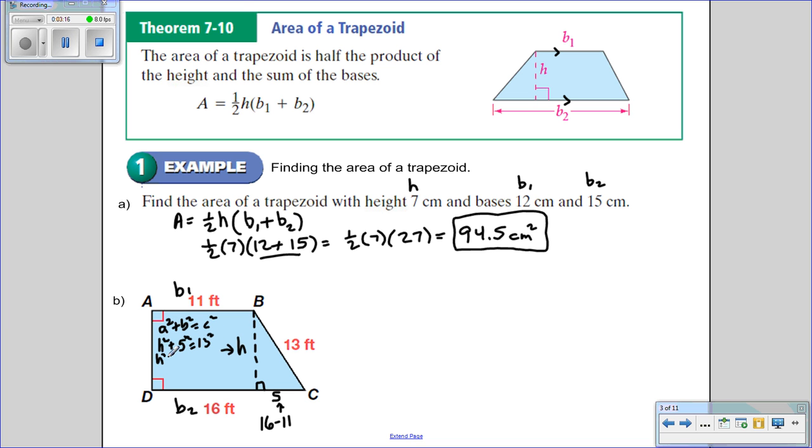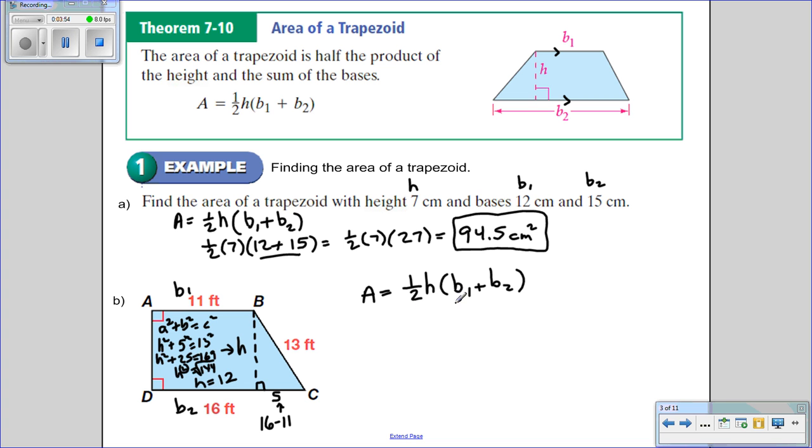This is h squared plus 25 equals 169. Subtract 25 from both sides, and that gives you 144 equals h squared. And then square root to get the height. So the height is the square root of 144, which is 12. Now that we have that height, we can find the area of our trapezoid. So that one had a little extra step involved.